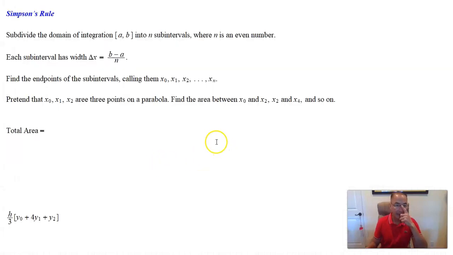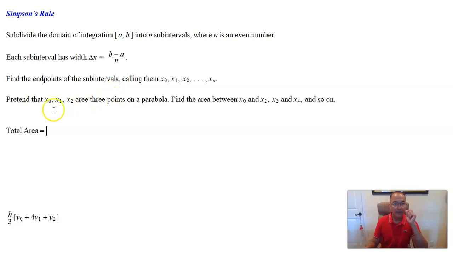All right, so let's recap Simpson's rule and we'll derive the formula. First step, subdivide the interval from a to b into n subintervals. N must be an even number. So the width is the same as before, b minus a over n. And this is the same as our h. That's the h that we are going to use in our formula for the area under a parabola.